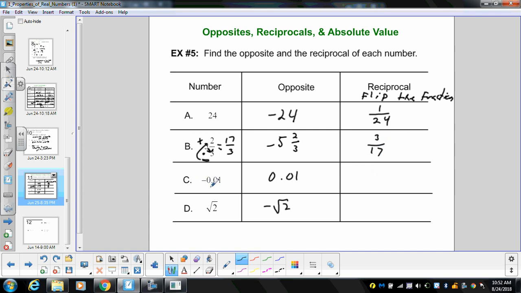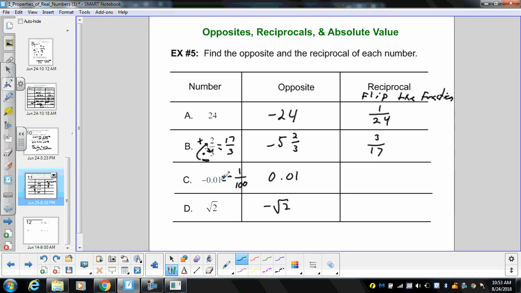Now this one is not a fraction, so we need to convert it into a fraction. Again, it's still negative. This is the tens place, and this is the hundreds place. Since the 1 is in the hundreds place, I know the bottom of my fraction is going to be 100, and then you take whatever that value is and put it on top.